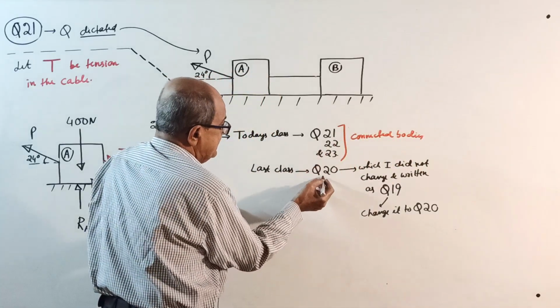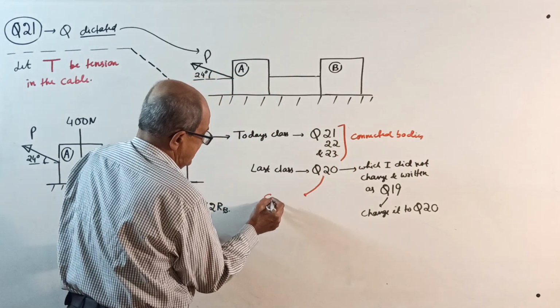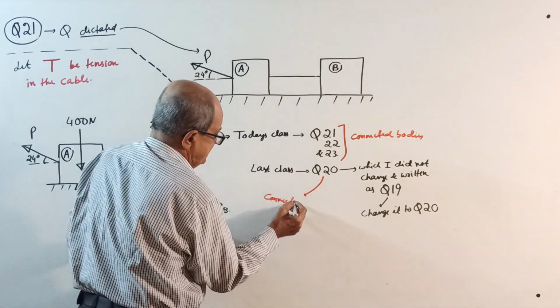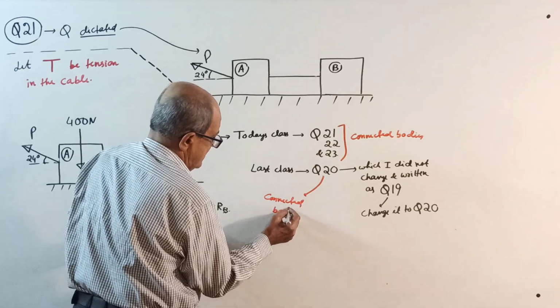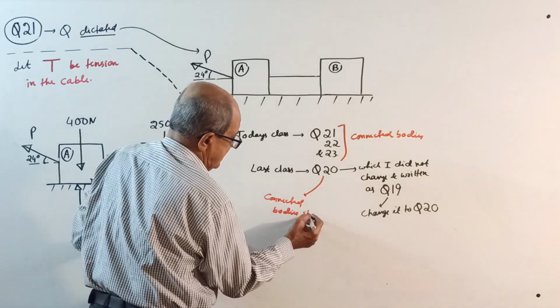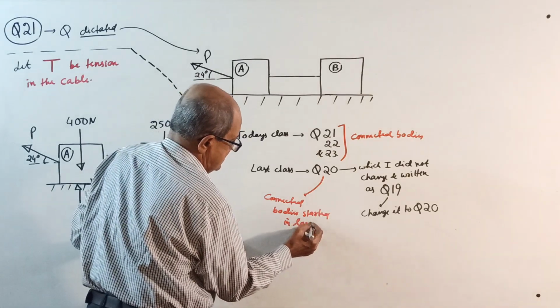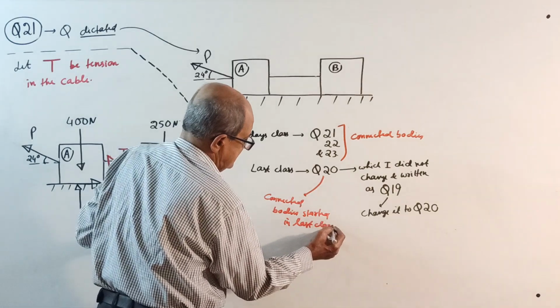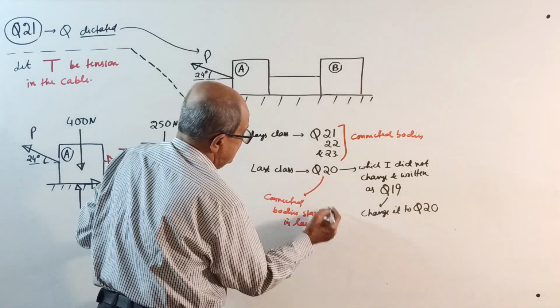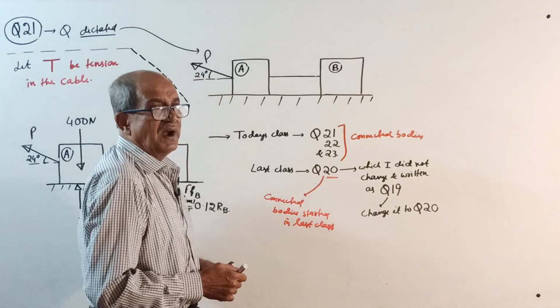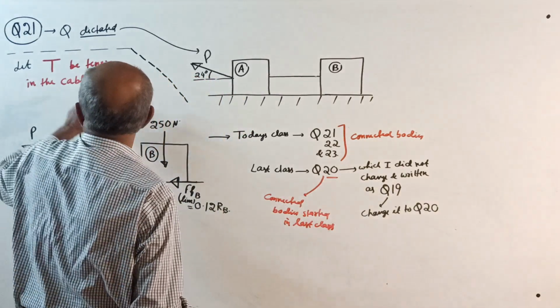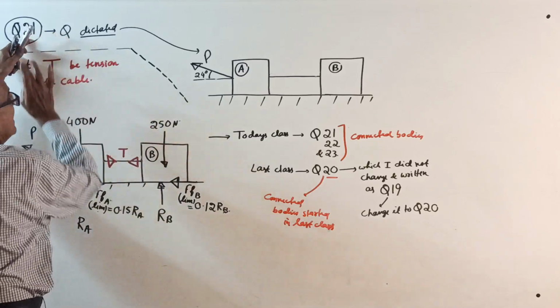But the connected bodies started in last class, that is question 20. But what do I do? Once I finish a question, I change the number here.